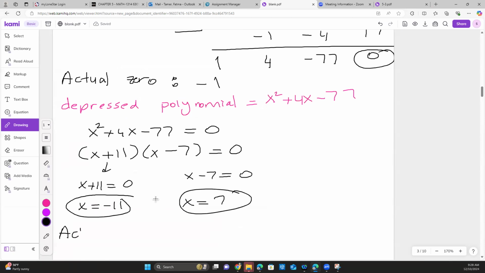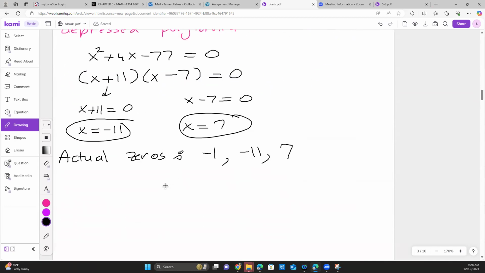So the very first step gives me the potential zeros, but the actual zeros are -1, which I guessed and checked and it was working. Then I got the negative 11 by factoring, and I got the 7 by factoring after I divided my polynomial function by -1. So this question is going to have 3 zeros. This question had one more step.